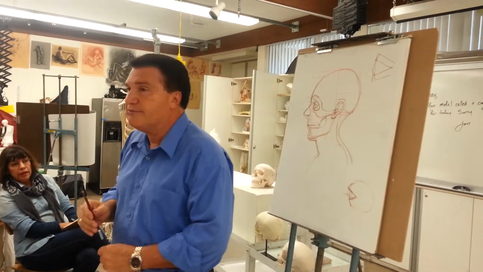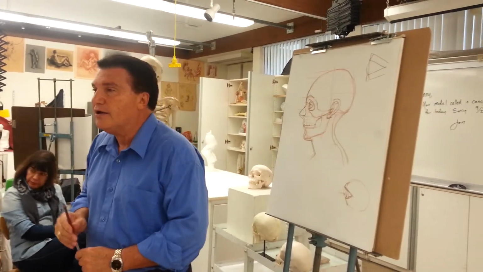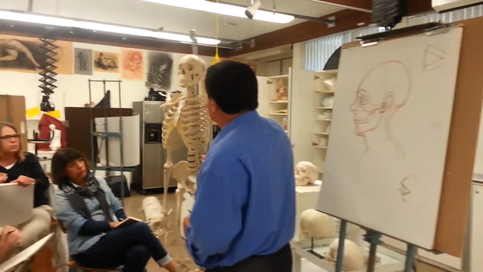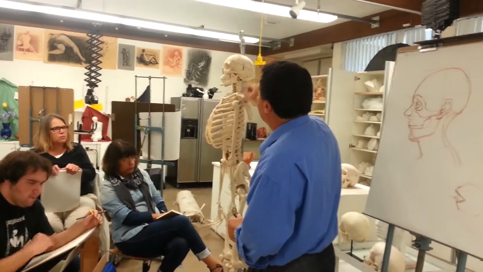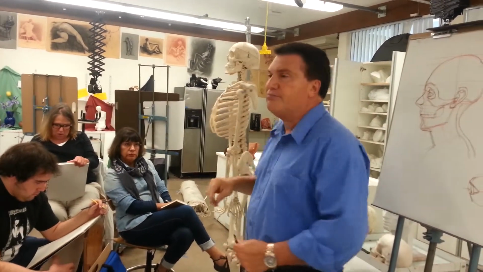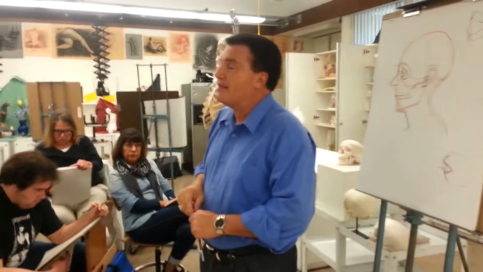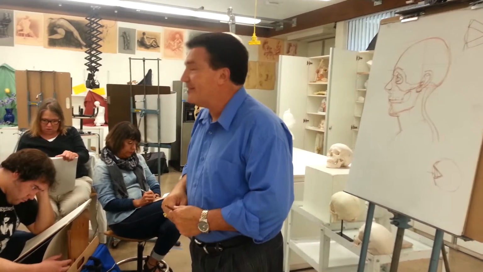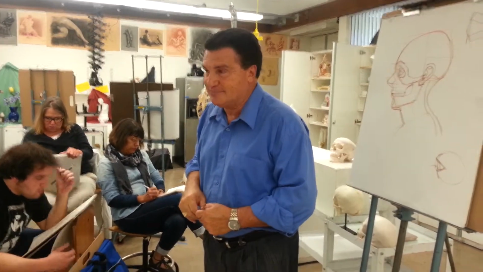Is that clear? Where does the shoulder start in relation to the neck? If you look at this here, it starts at number 7. Why is 7 an important part? Because if you were a bad girl or a bad boy and they hang you, that's the first thing that breaks.